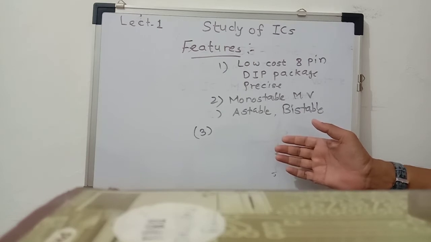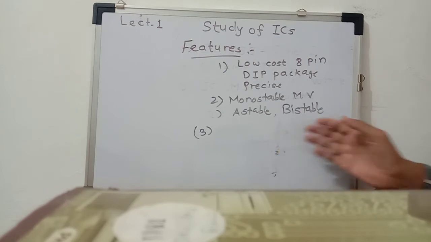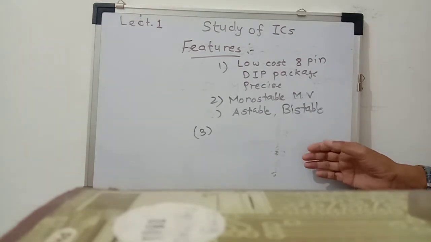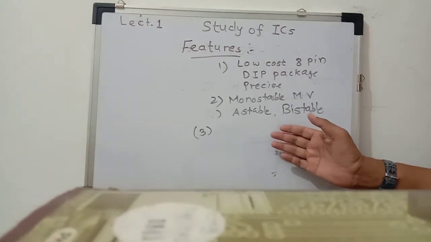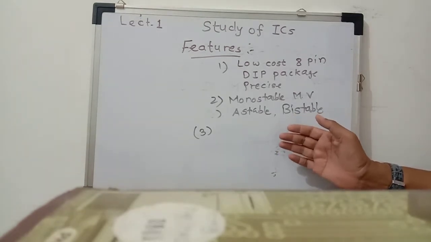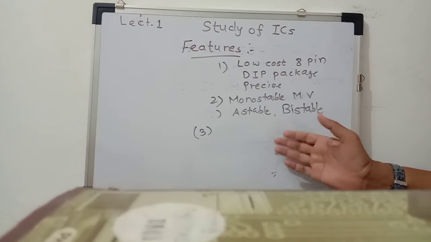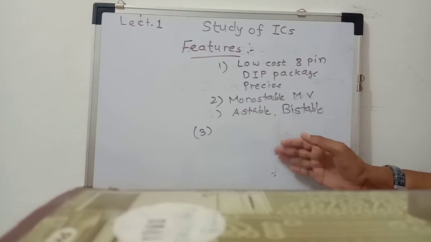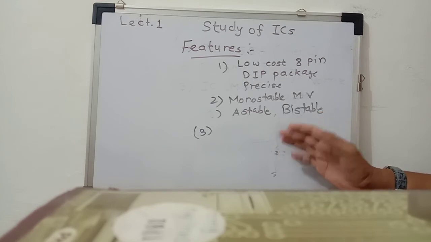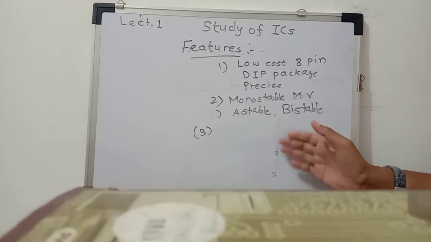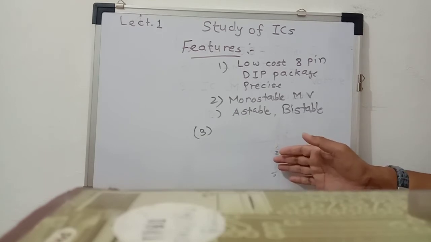For example, if we adjust the time for 10 seconds and the supply voltage is suppose 5 volt, then this time delay does not change even if we change the supply voltage from 5 volt to 8 volt or 5 volt to 10 volt. So it is independent of the supply voltage.